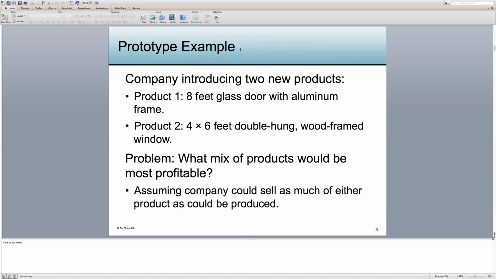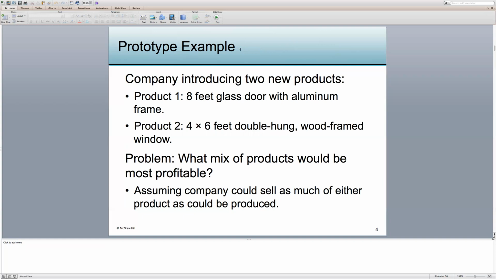So our company, the Windoor Glass Company, is introducing 2 new products. The first product, product 1, is an 8-foot glass door with an aluminum frame. Product 2 is a 4 by 6 feet double hung wood framed window.